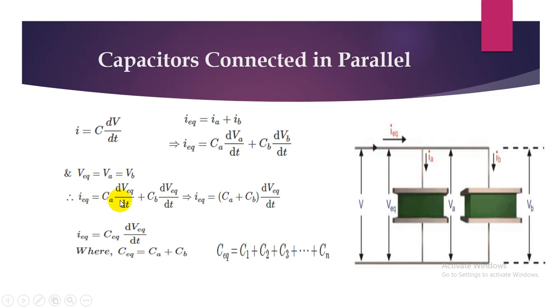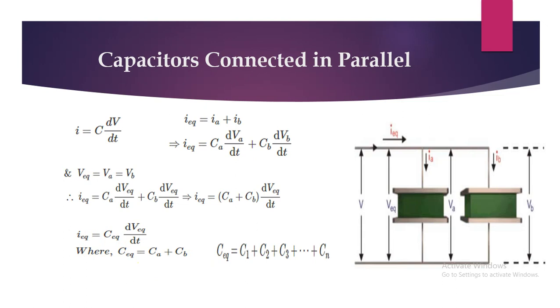That's why dVA and dVB are replaced by dV. Then we are getting like this. Taking dV by dt common, we get CA plus CB times dV by dt. So CA plus CB, you can write as C equivalent. Like this we are getting the total effective capacitance when we connect in parallel: C equivalent equal to CA plus CB.